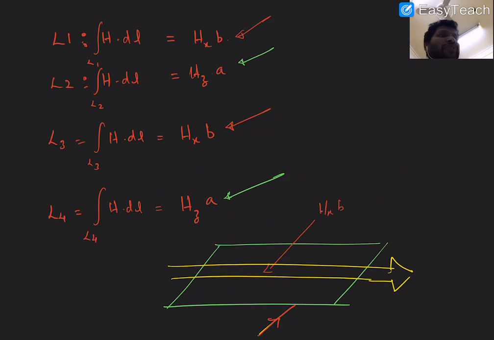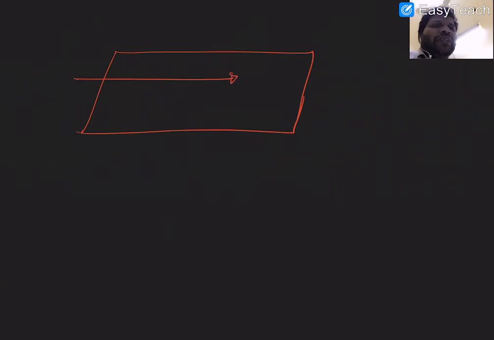But there are some other terms. Let us consider the current density, two currents, for example I1 and I2 on the same sheet.